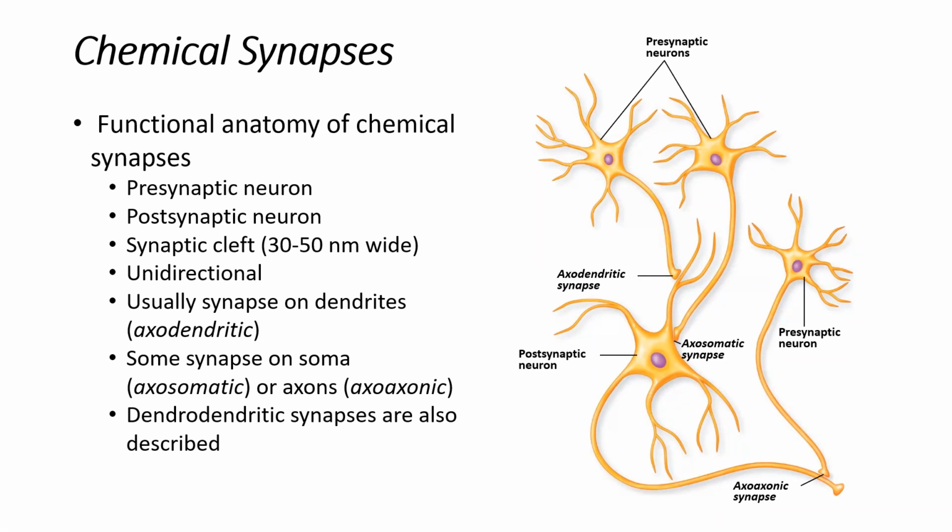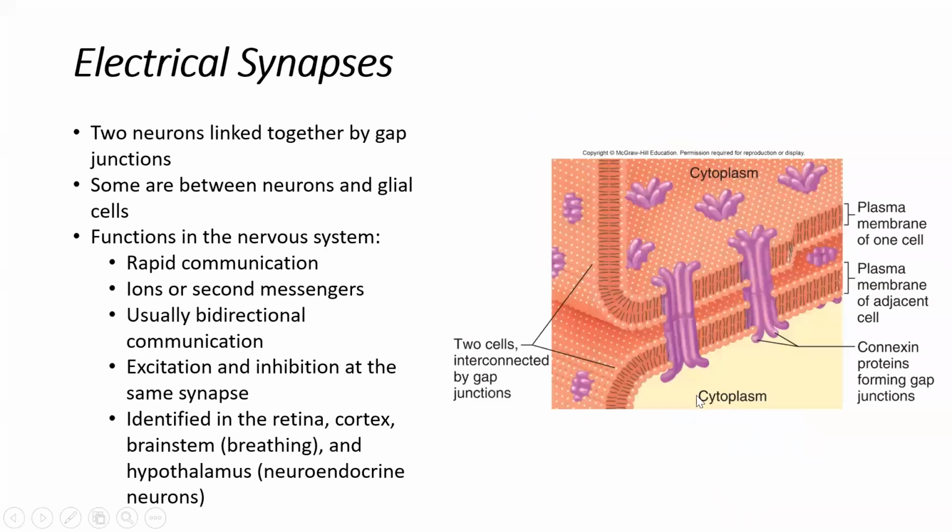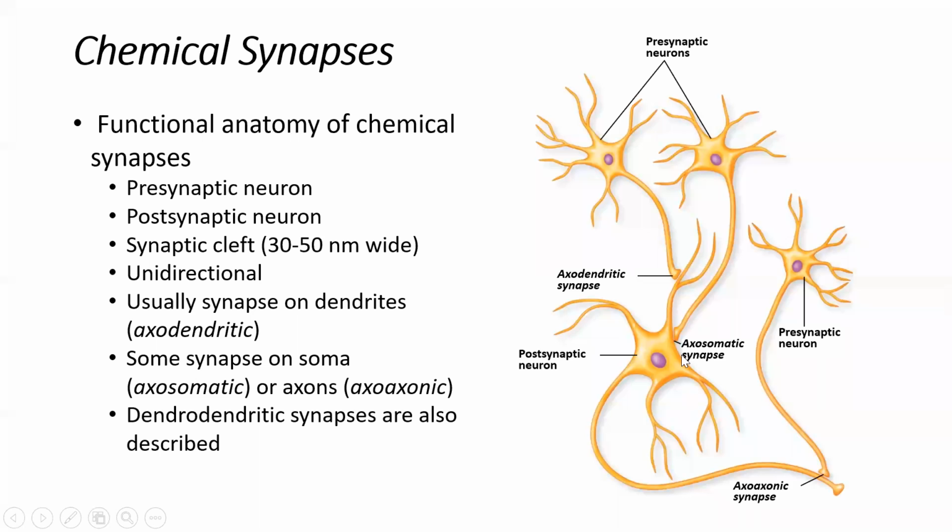Because we have one neuron synapsing onto another neuron, they aren't flush together the way we see with the electrical synapse, with a passageway or a pore. We now have this cleft that's about 30 to 50 nanometers wide. That junction or cleft is where this communication has to jump across the gap between these two neurons.